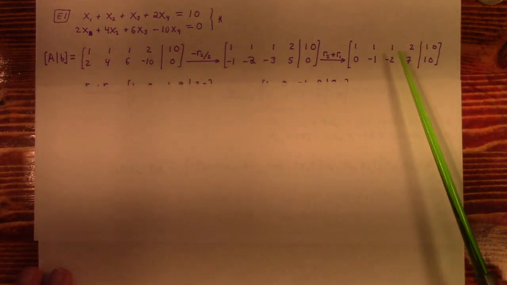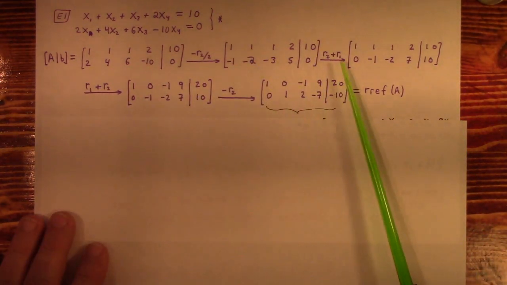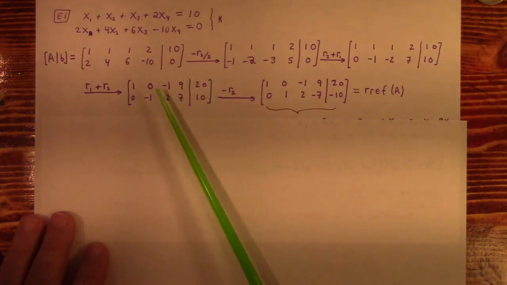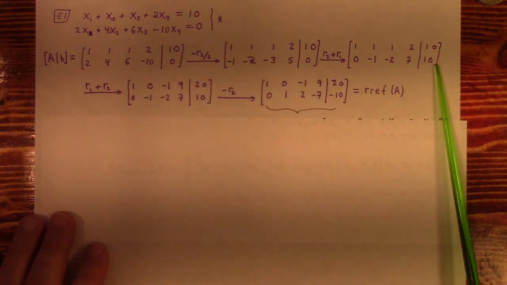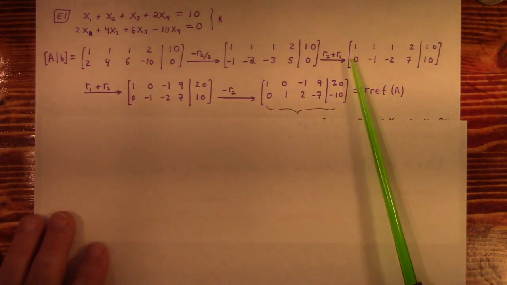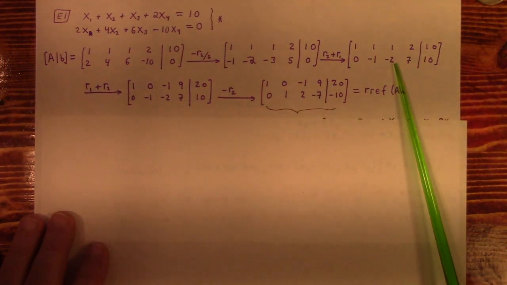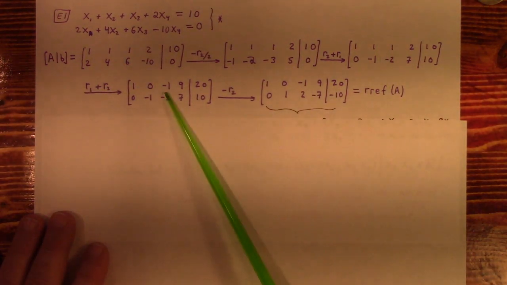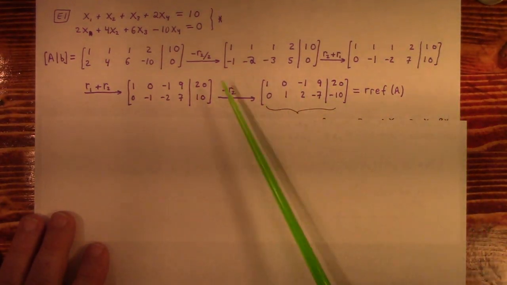All right, now next move, down here, continuing, I do row 1 plus row 2. Now I'm modifying the existing row 1 by adding the previous row 2. So 0 plus 1 is 1, -1 plus 1 is 0, -2 plus 1 is -1, 7 plus 2 is 9, 10 plus 10 is 20.